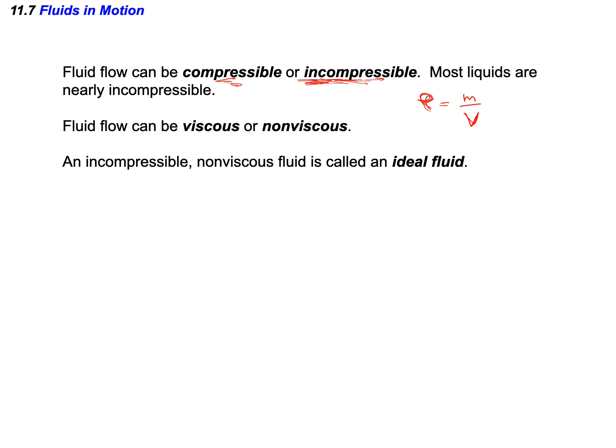And also two more notations, viscous and non-viscous. Viscous is resistance to flow. If you pour water and compare it with oil, oil clearly has some resistance to flow.